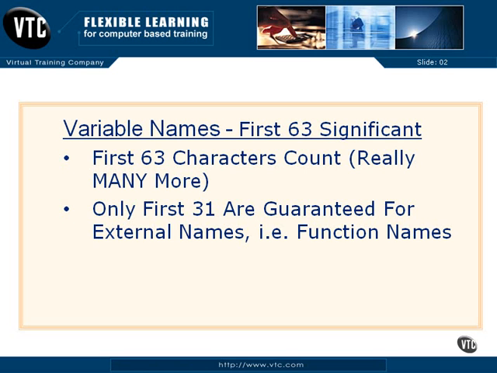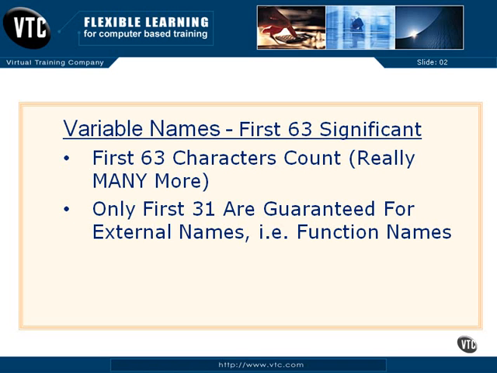In reality, though, today's compilers, for example our Microsoft C compiler that we're using, will go out 2,048 significant characters. If you have a variable name that is 2,048 characters, you need to start your programming career over again because there are other issues involved. So as far as the standard is concerned, 63 characters count, but there are really many more.